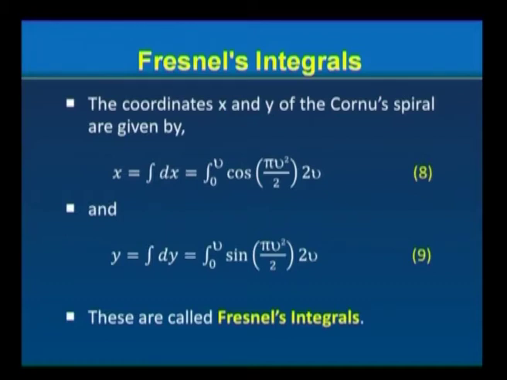What is v? v is a dimensionless constant which is related to your h. So, x will be equal to the integral from 0 to v of cos of pi v square by 2 into dv, and y is nothing but the integral of dy, that is the integral from 0 to v of sin of pi v square by 2 into dv. These are called Fresnel's integrals.